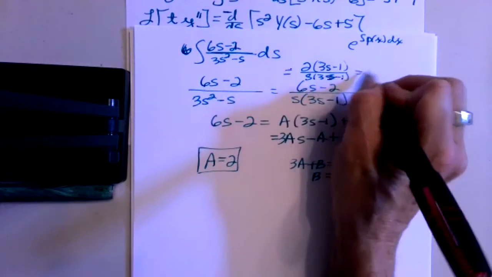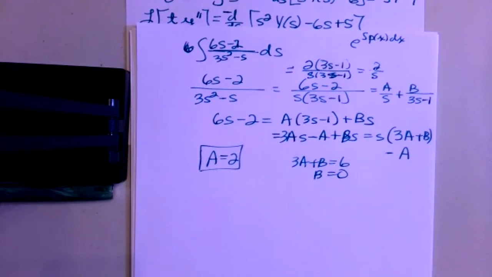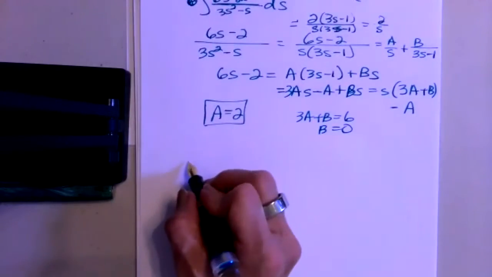So that's 2 over s. That was really the long way to get to that simplification. Okay, that pen's out of ink. Let me grab another one. So B is 0 and A is 2, but man, that was a long way to get there.